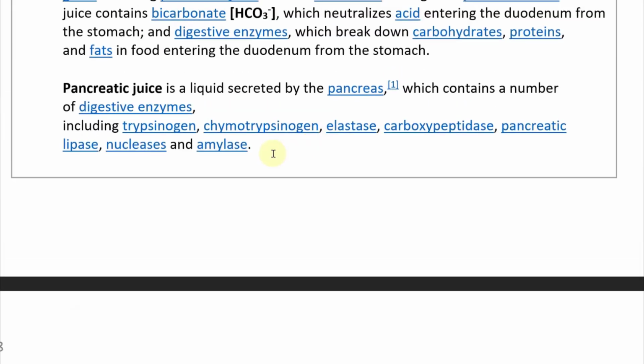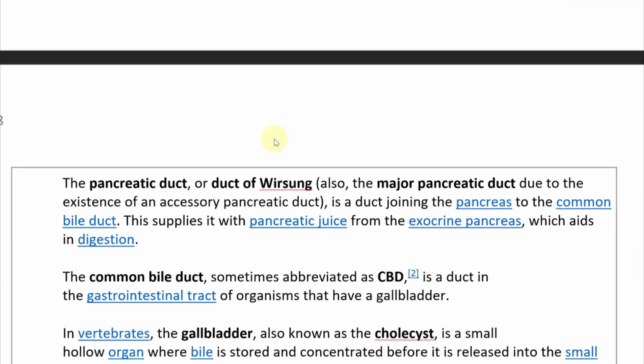That's an exercise in itself, pronouncing this and Google searching the pronunciation.